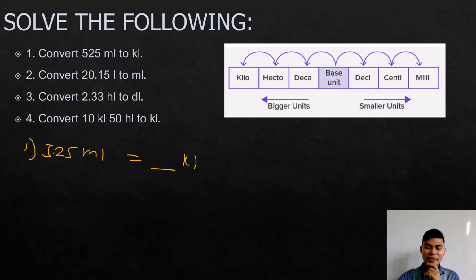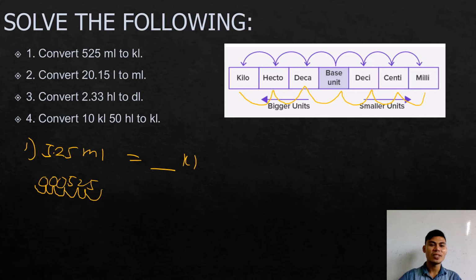From the left and the right, I mean, 1, 2, 3, 4, 5, 6 times, sir. Yes, and it's 525. The decimal point is here. So 1, 2, 3, 4, 5, 6. So lagyan lang ng tatlong 0. And that's it. 0.000525 kiloliters. Diba? Ang basic lang.